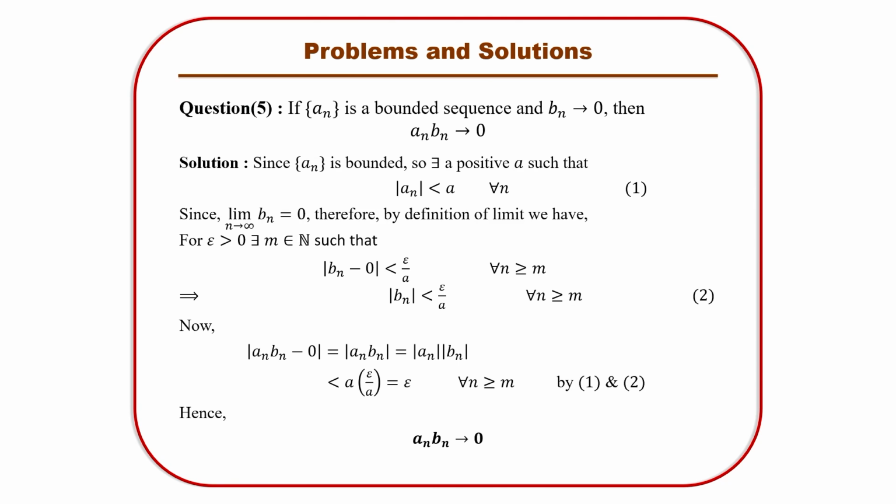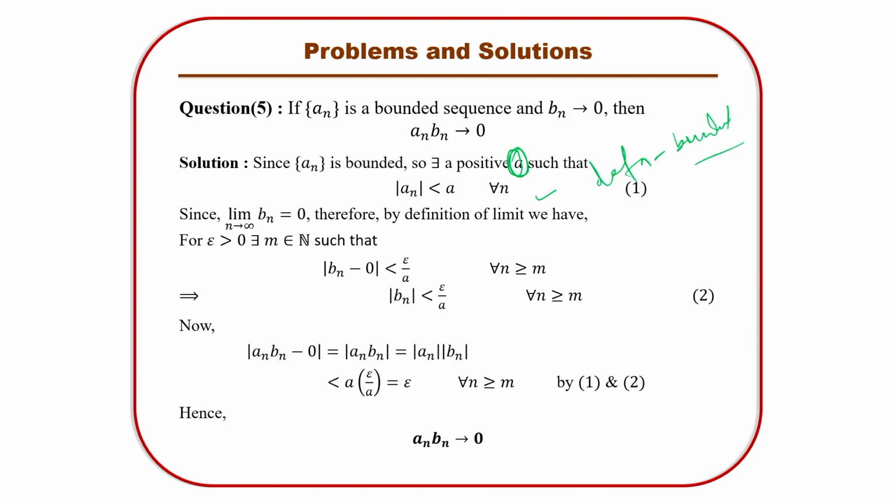Since an is a bounded sequence, there exists a positive real number a such that modulus of an is less than a for every n. For each term, it is less than a. That is the definition of boundedness of a sequence.